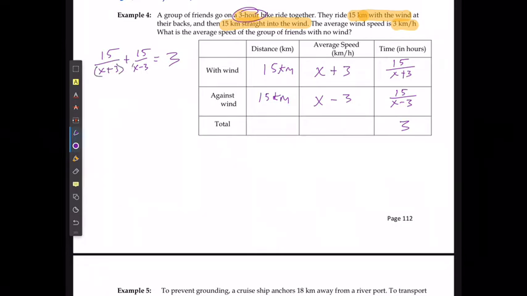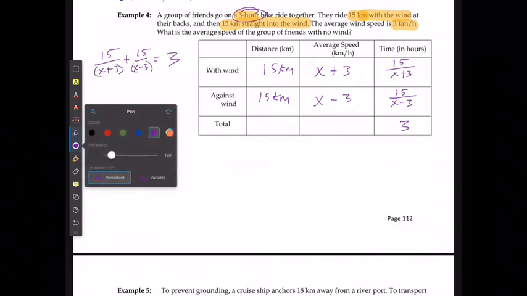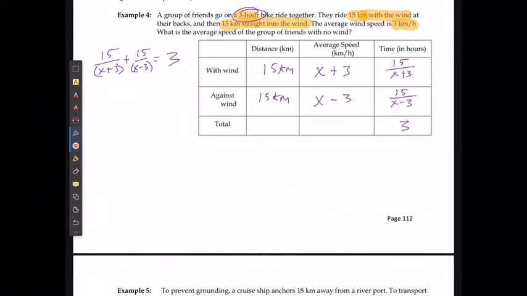The lowest common denominator is going to be x plus 3 and x minus 3.